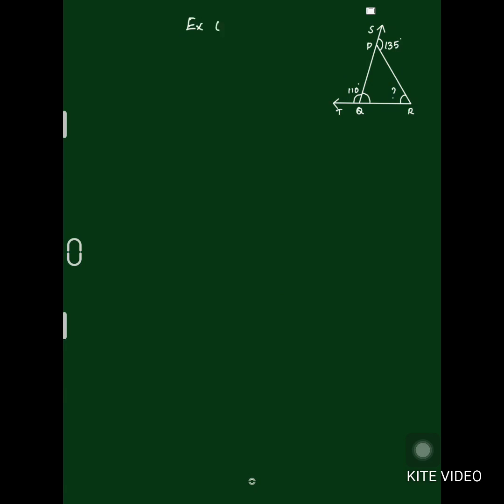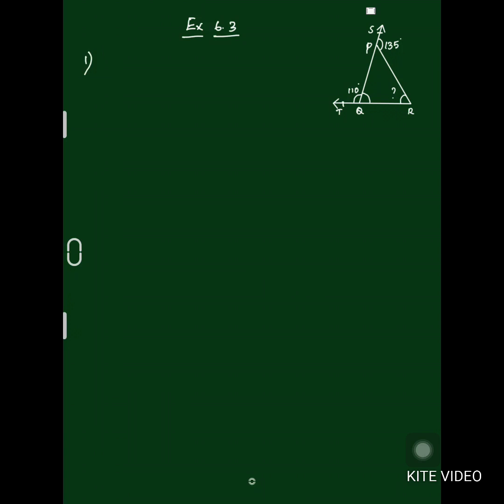Exercise 6.3 in lines and angles. The first question: sides QP and RQ of triangle PQR are produced to points S and T respectively.